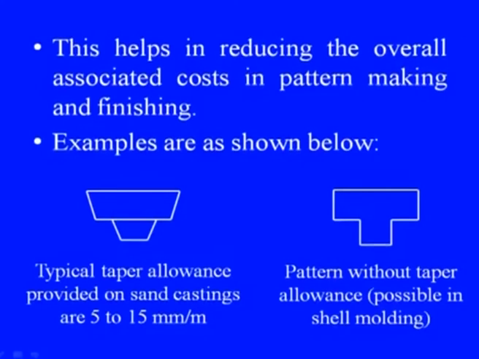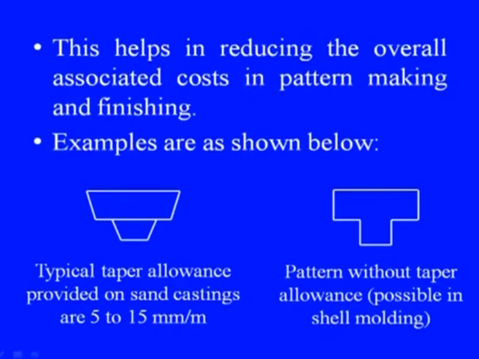Minimum values for dimensional finish and lesser draft can be set, since the process inherently provides good surface finish. The draft can be negligible as the cell is broken out to take the finished casting from it. This helps in reducing the overall associated costs in pattern making and finishing.